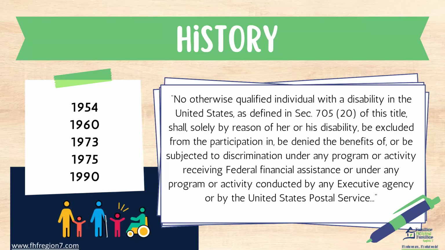The civil rights movement of the 1960s gave birth to disability rights. In 1972, Congress launched an investigation into the status of children with disabilities and found that millions of children were not receiving an appropriate education.